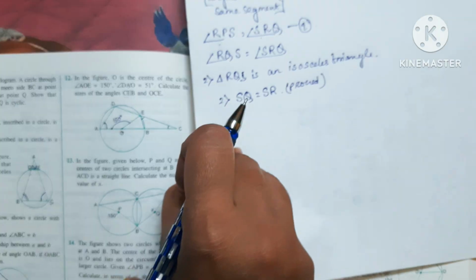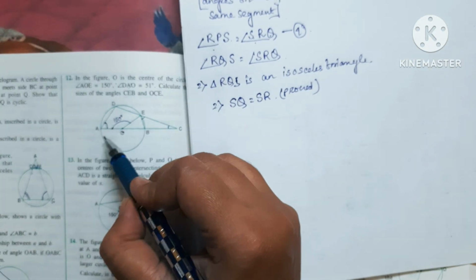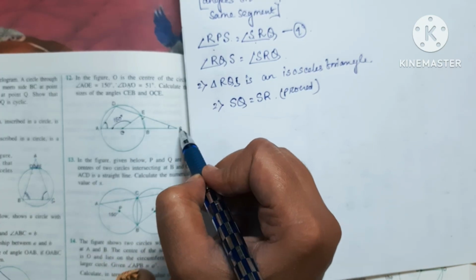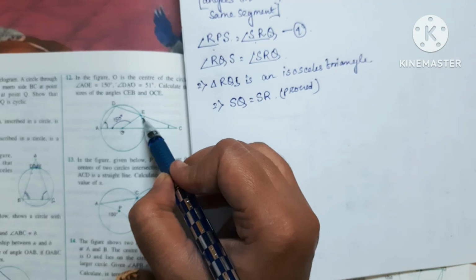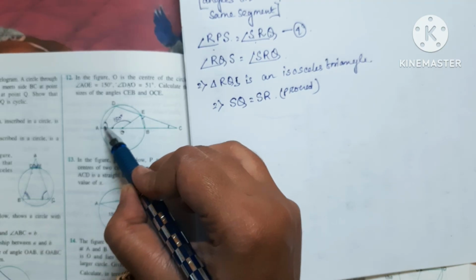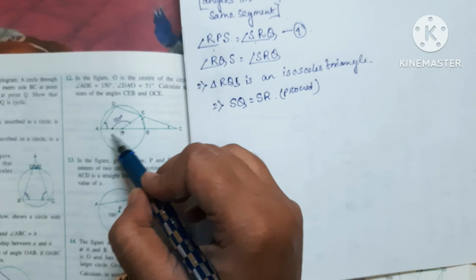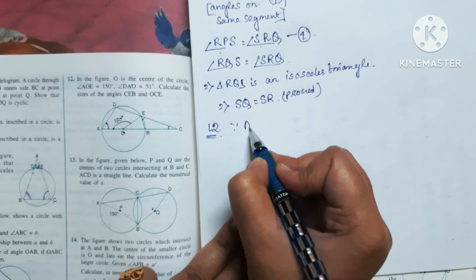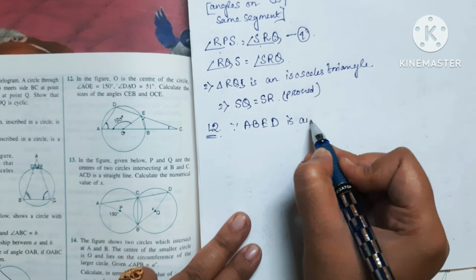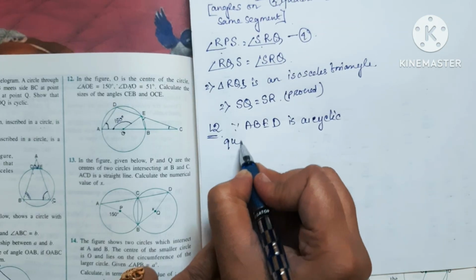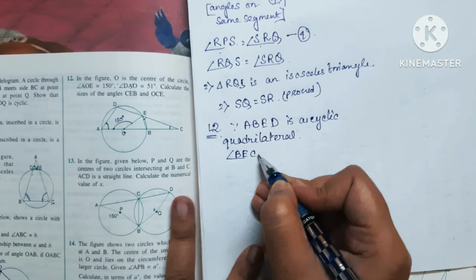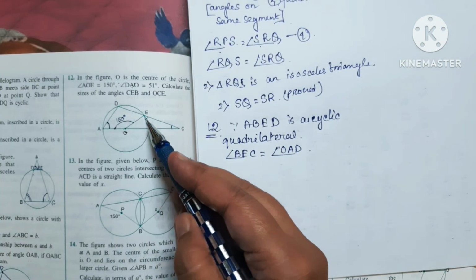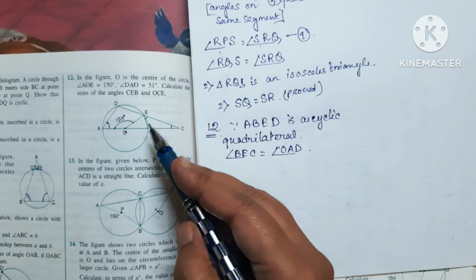One thing I want to tell you: from this picture, you can say that ABED is a cyclic quadrilateral, and BEC is the exterior angle, which will always be equal to the opposite interior angle, BAD or OAD or DAO, that is 51 degrees. So since ABED is a cyclic quadrilateral, angle BEC is equal to angle OAD, because that is the opposite interior angle of that exterior angle.